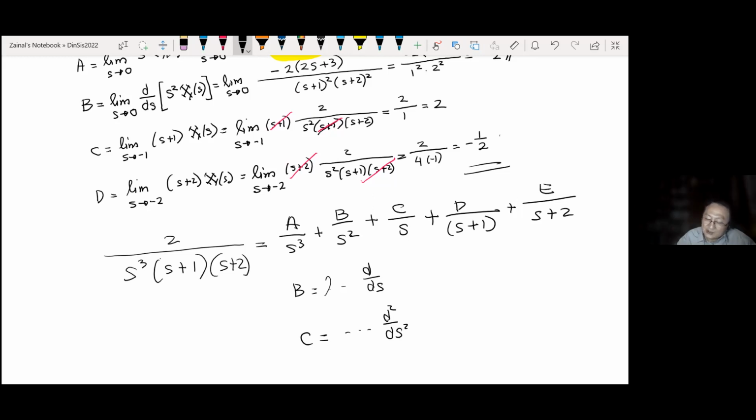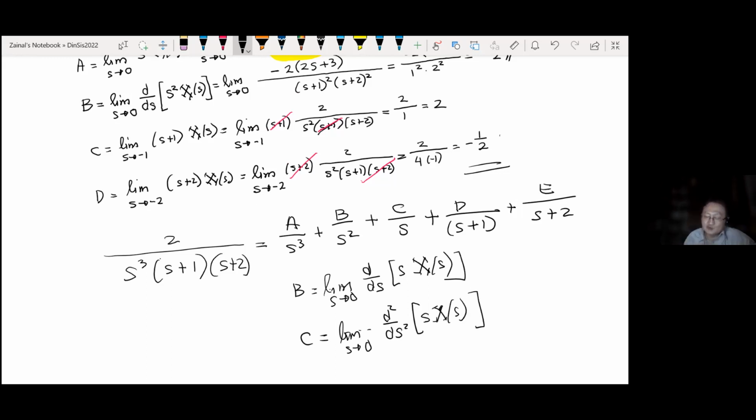So this one is limit s equal to 0, and this one is the second derivation of that one, s times X(s). So you have to derive twice if you want to use this method.